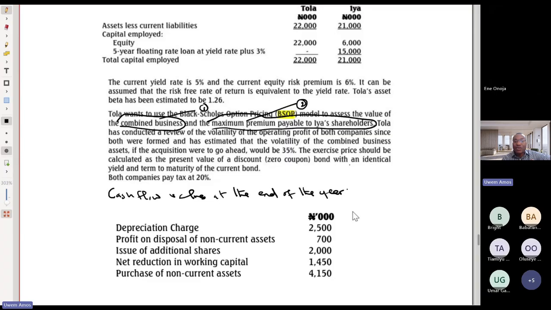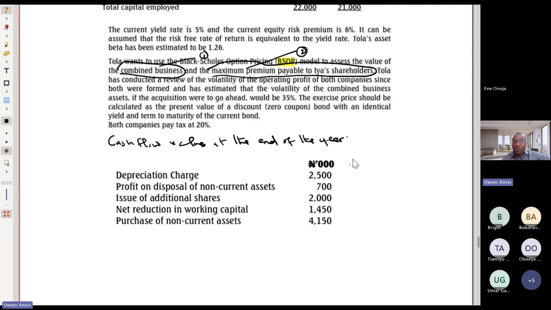And based on that value, if Tolade needs to pay for IA PLC, what is the maximum premium it needs to pay? So those are things we need to consider. And it is an option because Tolade can decide to merge with IA or can decide not to merge. And that's why it's an option.